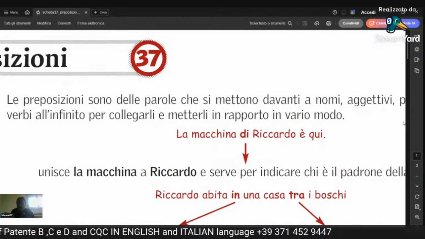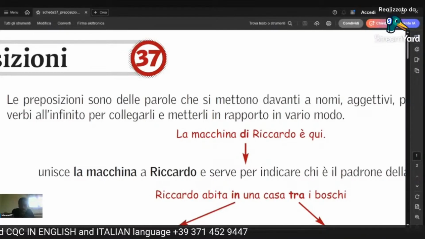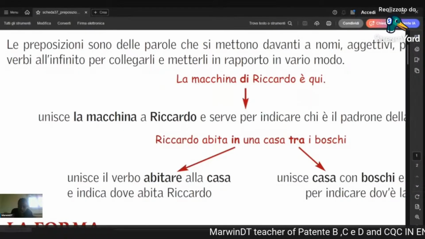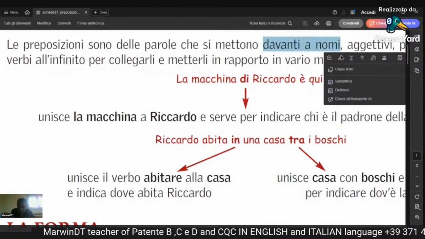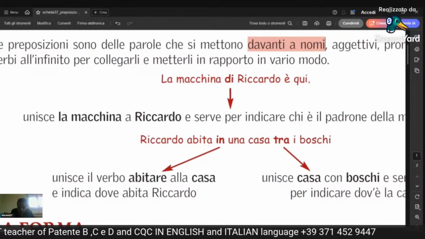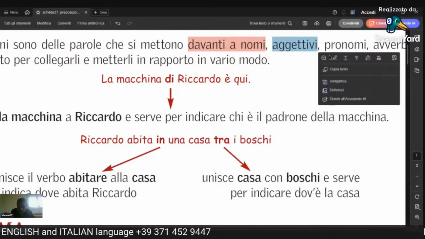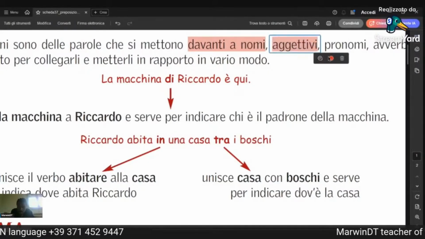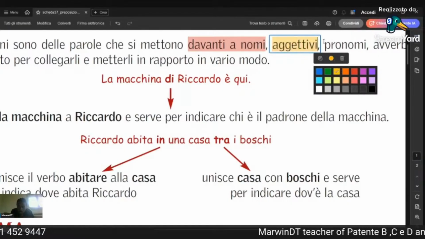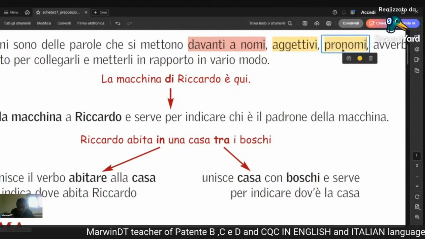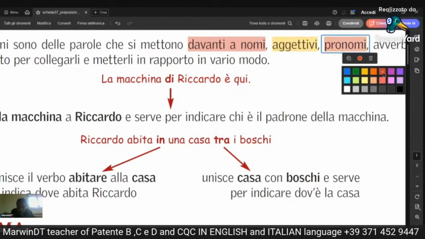Now, it says, preposizioni sono delle parole che si mettono davanti a nomi. Davanti a nomi, keep in mind. Aggettivi, pronomi, and then what?